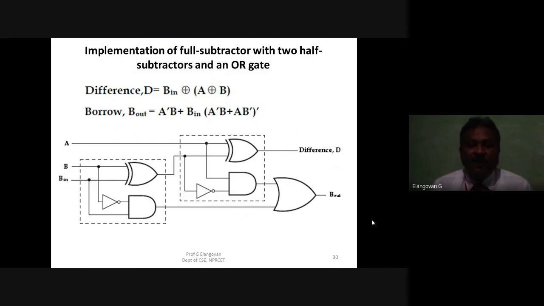Similarly, A and B are given, and the difference output is given as input to another half subtractor. So the second half subtractor output will be straight away the difference of the circuit, and the first borrow output and second borrow output are combined. That is the first half subtractor borrow and second half subtractor borrow, both are given to an OR gate. So we'll get a full subtractor.